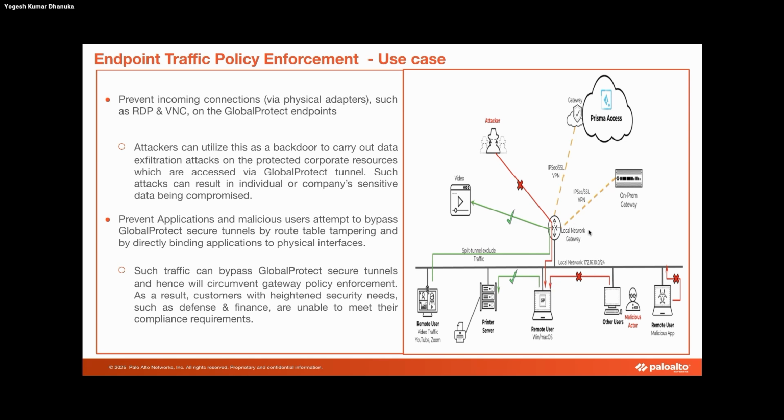So that can still be controlled, but what you are blocking is, let's say, there are RDP ports open on your system, and you lock the screen, but you are on an unsecure or public Wi-Fi. Then the attacker is not able to communicate on that RDP port and get into your system. So that's essentially the idea of endpoint traffic policy enforcement.